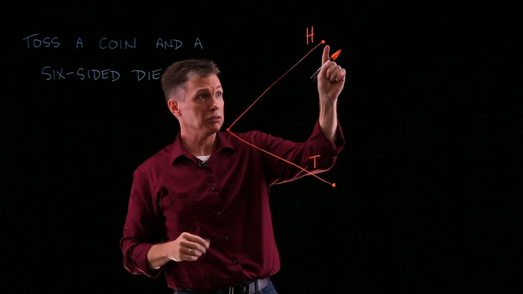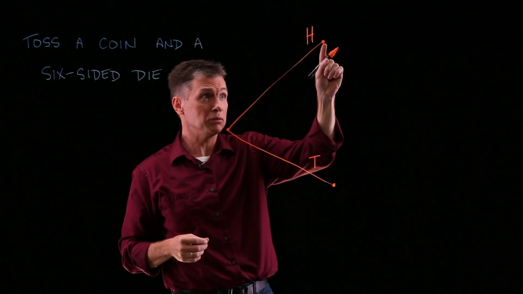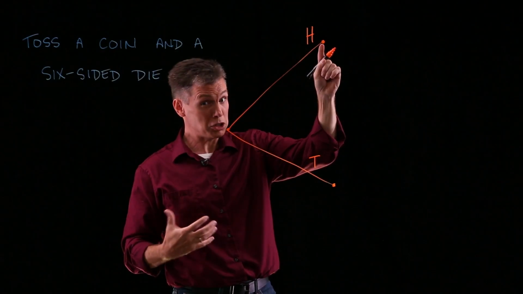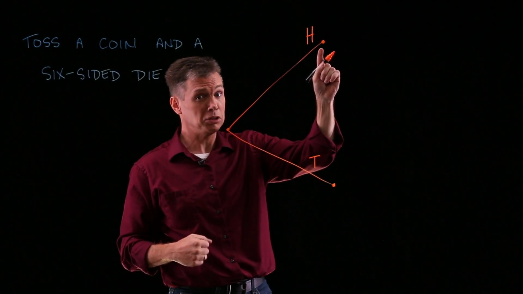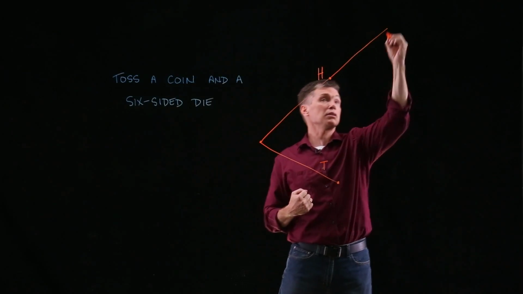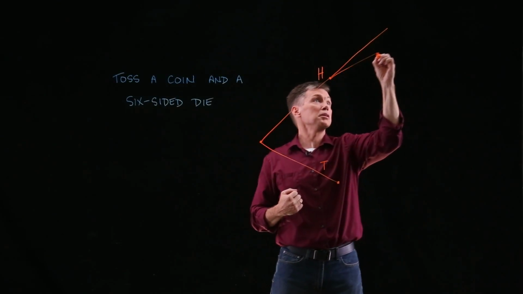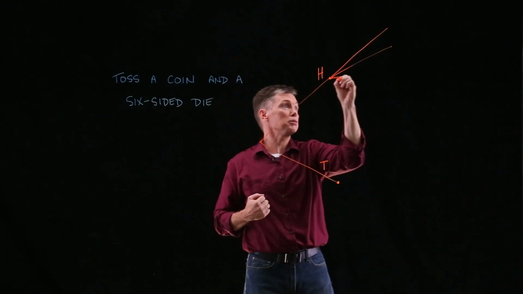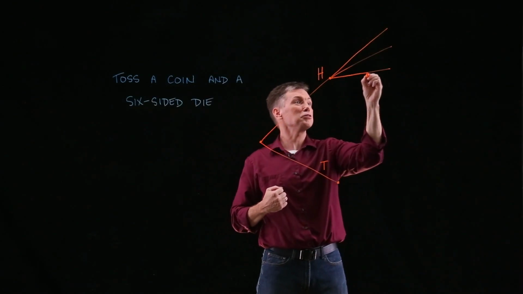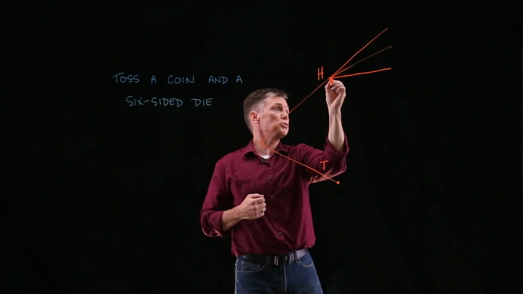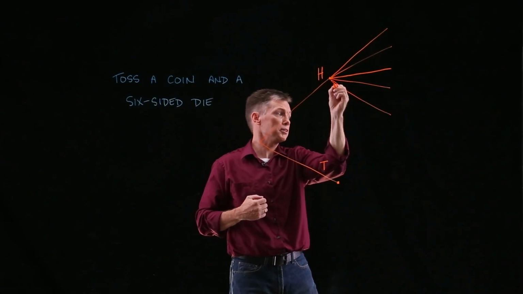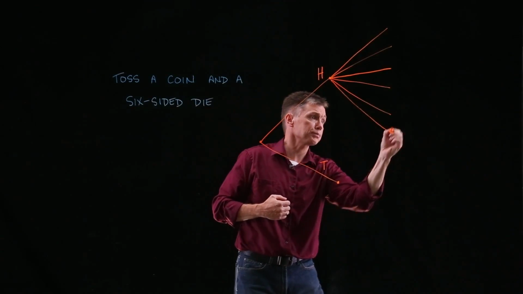So I'm going to go to that last node where I said that I might get heads on the coin. And from there, branch off to your 6 different possibilities for the die. So let's branch off, and might need a bit of space, and mine might not be perfect, but like I said, use a pencil if you're a neat freak. 1, 2, 3, 4, 5, 6.